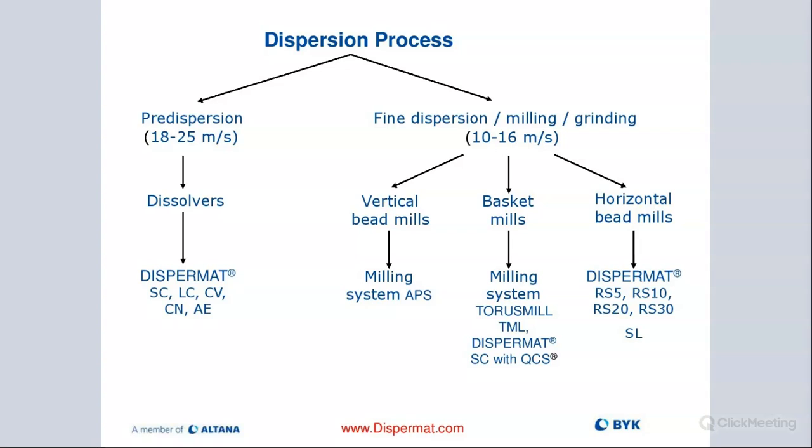We're going to cover those later as C, LC, CV, CN, and AE. And then when we talk about fine dispersing or milling, there are different systems that we have: vertical bead mills, basket mills, horizontal mills, that we will be talking about in the next presentation, part 2, which will cover the milling process.